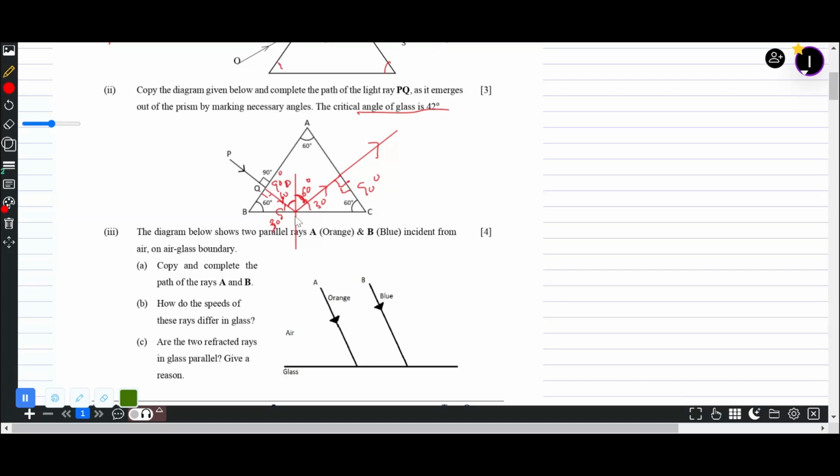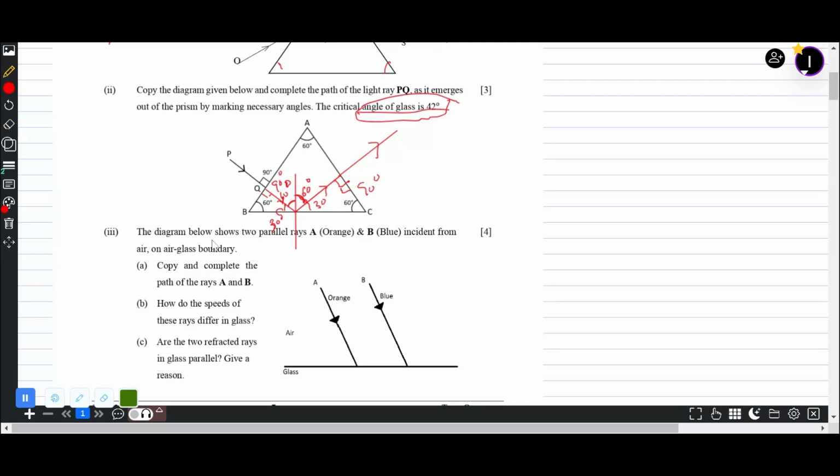It will not go out. Had this been less than 42 degrees, the critical angle, it would have gone out into the rarer medium, just outside the prism. But it is more than 42 degrees, so it will internally reflect. It is meeting the other side of the prism at 90 degrees, so it will go out as it is. Is that clear, friends?